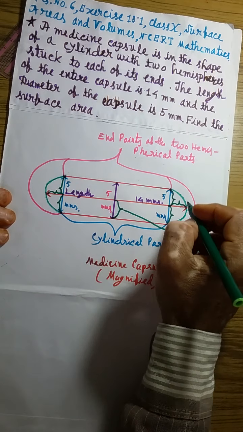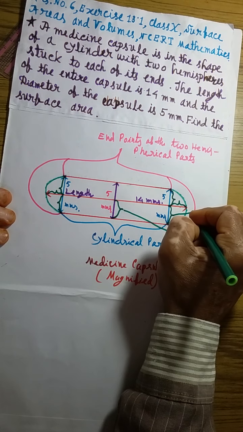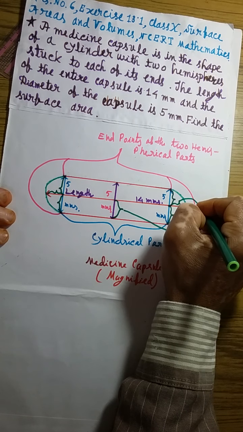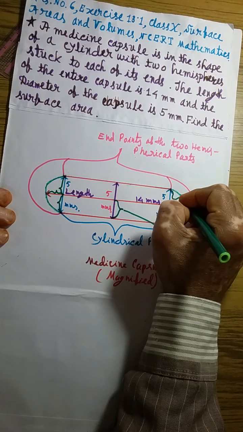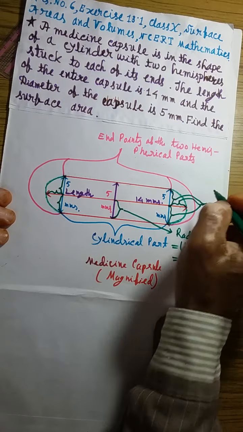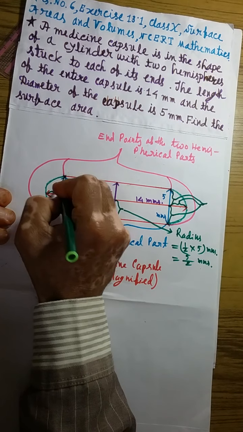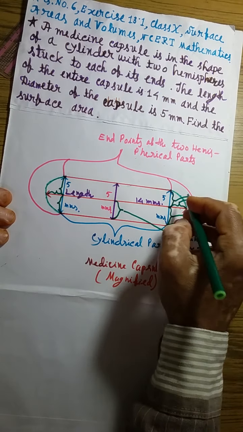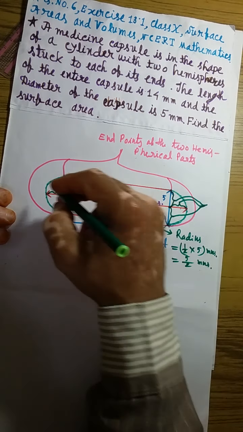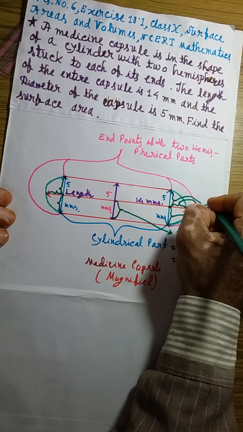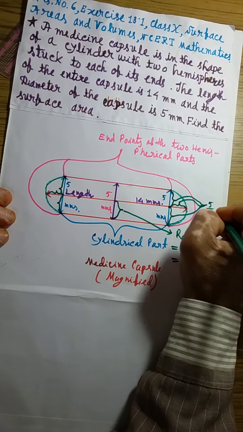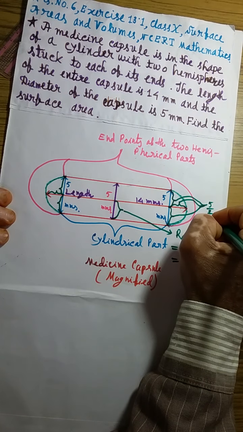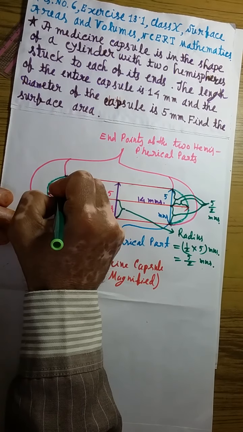So the radii of the two hemispherical parts will also be 5/2 millimeters.